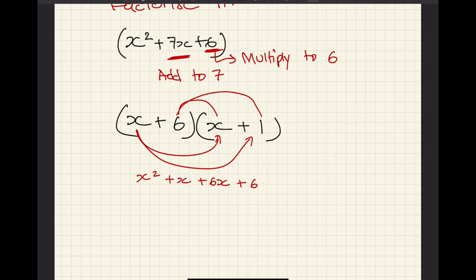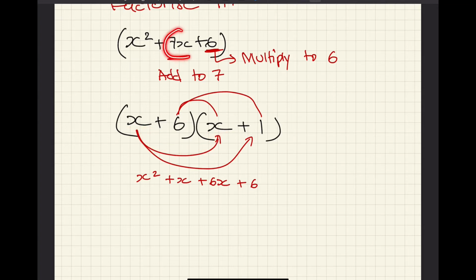So you might notice that there's only one value which isn't going to have an x, and that's the multiplication of the last value with the last value. Now all the rest are going to have x's in them, but the first value is the only one with an x squared, because x squared can only be produced by x multiplied by x.